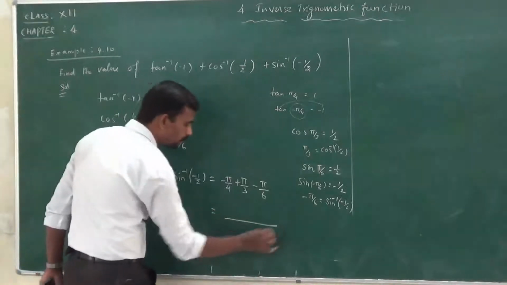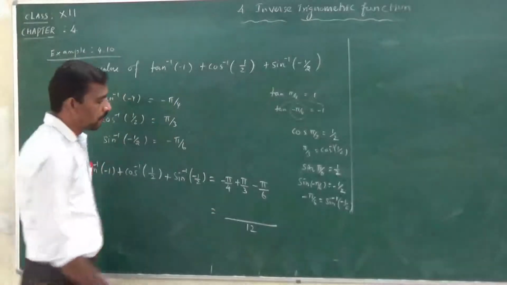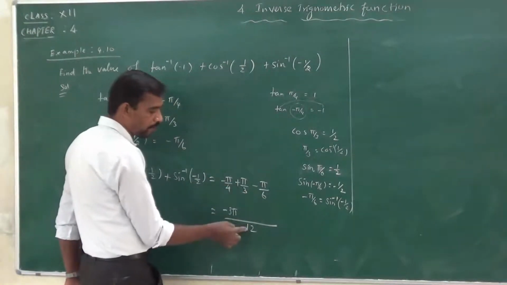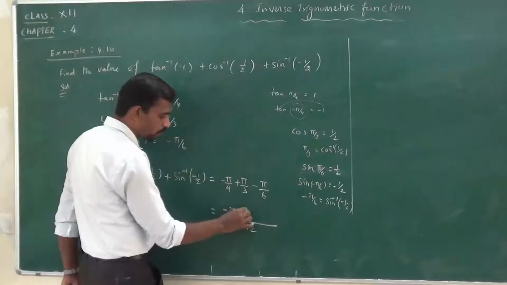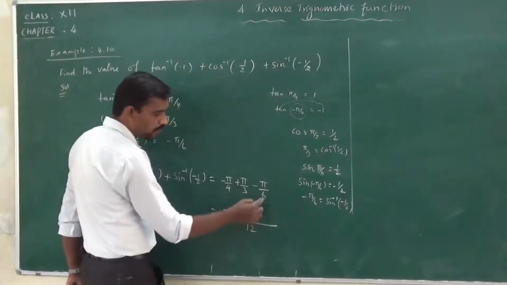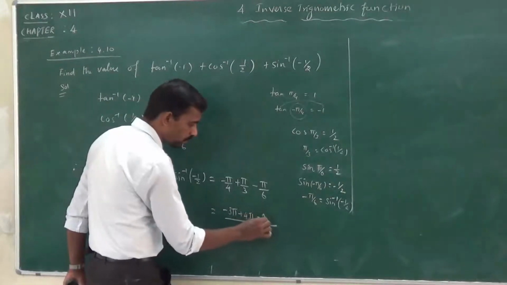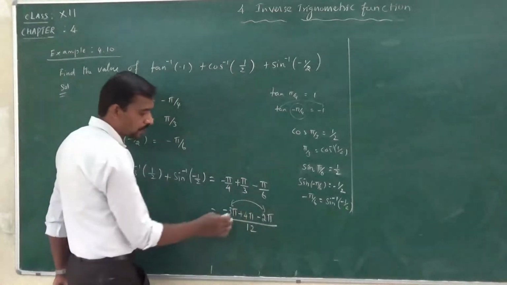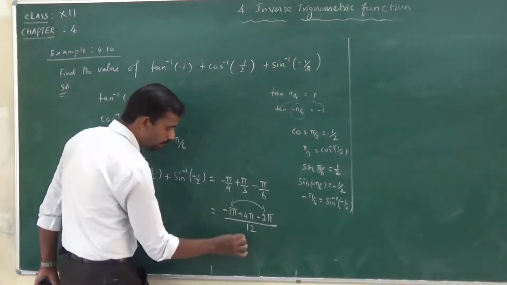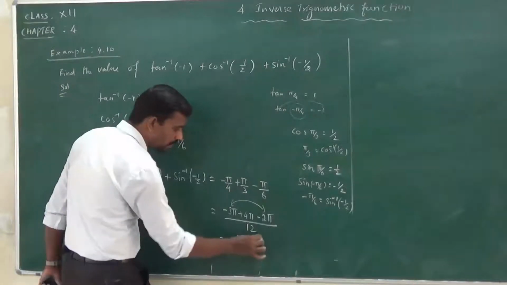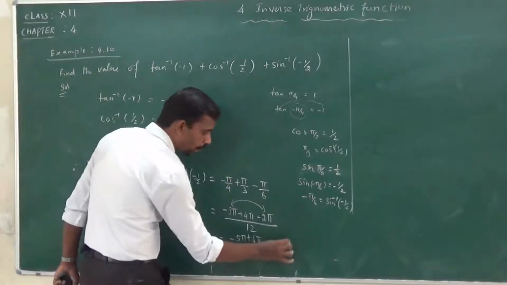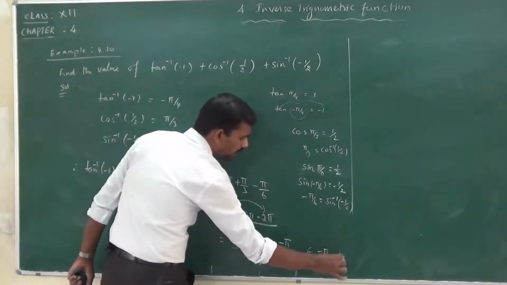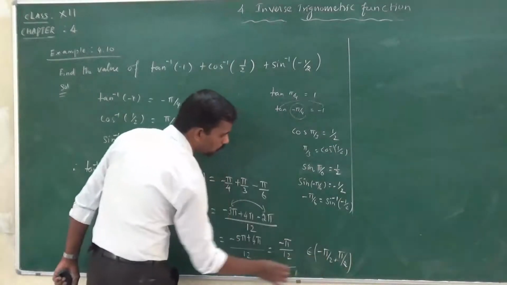Taking the LCM 12: minus 3 pi plus 4 pi minus 2 pi. Minus 3 pi and minus 2 pi have the same sign, so add them: minus 5 pi plus 4 pi divided by 12, which is equal to minus pi by 12, which belongs to the interval minus pi by 2 to pi by 2.